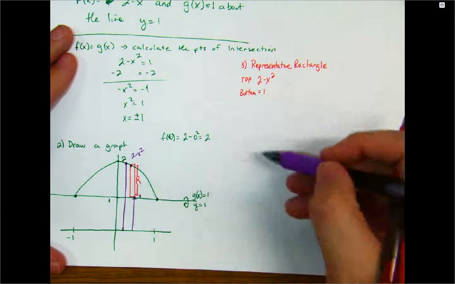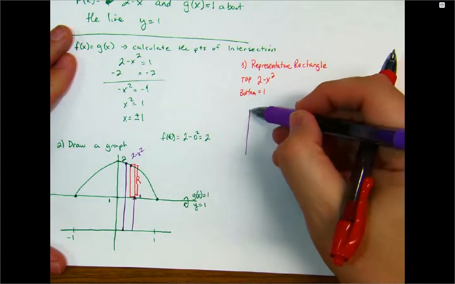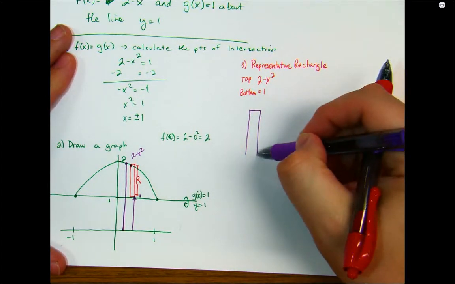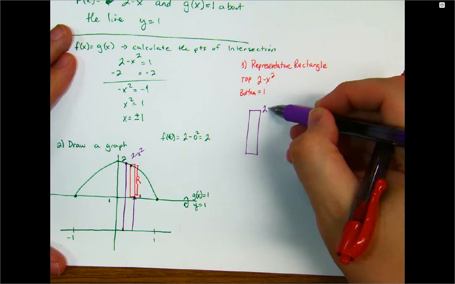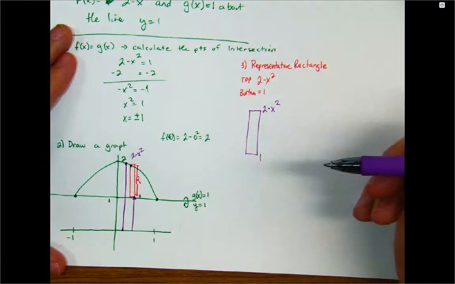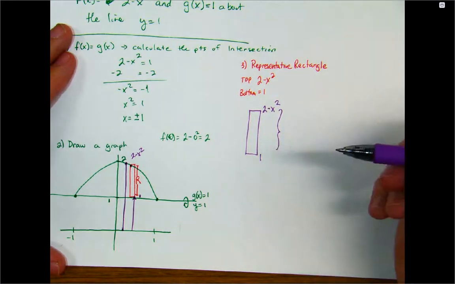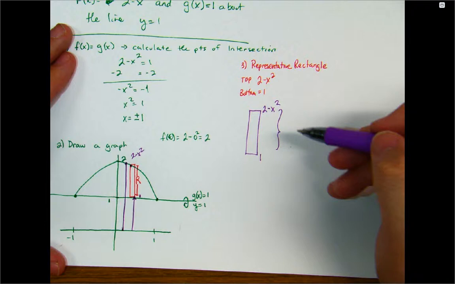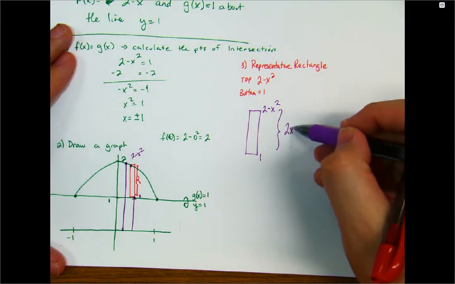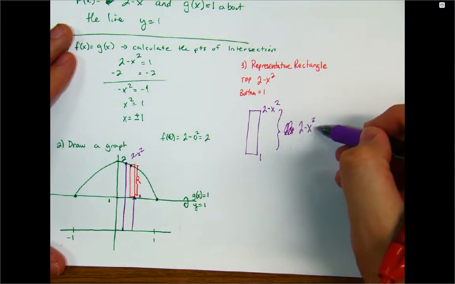So we have a rectangle now where I know that's 2 minus x squared, and that's 1. Because that's the distance here. So how do I calculate the distance of the rectangle, or that length of the rectangle? Yeah, subtract them. 2 minus x squared minus 1.